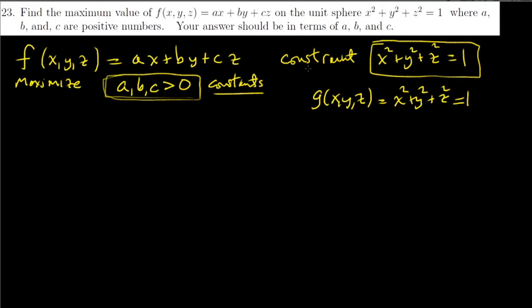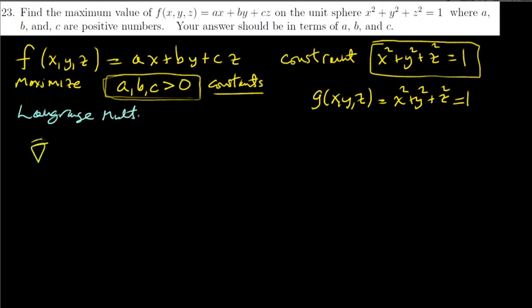Okay. So I suppose we could do this by solving for z, but notice that this is not z squared. And so we would have to take a square root, and you're going to get plus or minus the square root. So if it's all the same to you, let's use Lagrange multipliers.